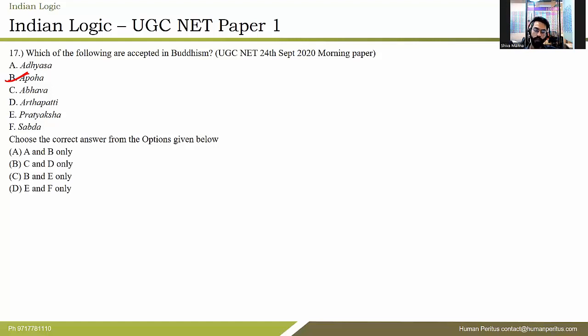They do talk about committing to a cause so that the concepts, the logic, the knowledge behind that particular concept can be brought forward. And secondly, they do accept perception, and they think that perception is the most important form of knowledge. So that means Pratyaksha. So the correct answer is C.